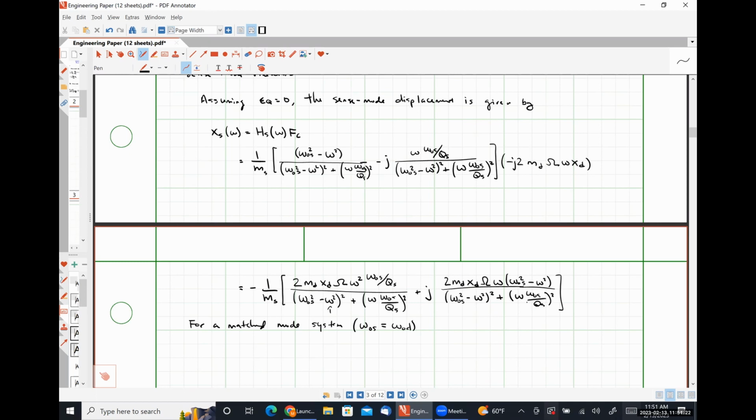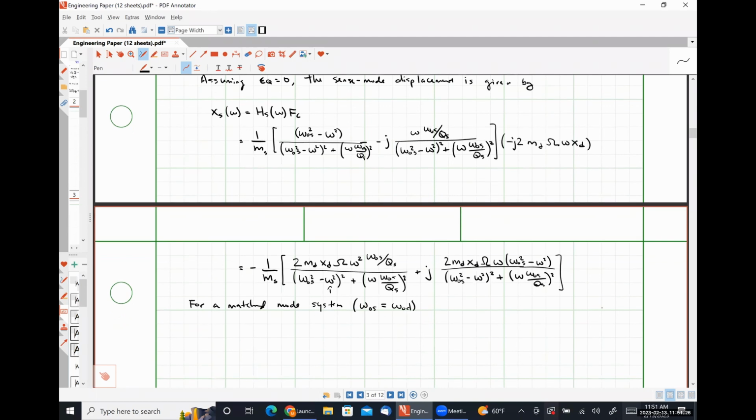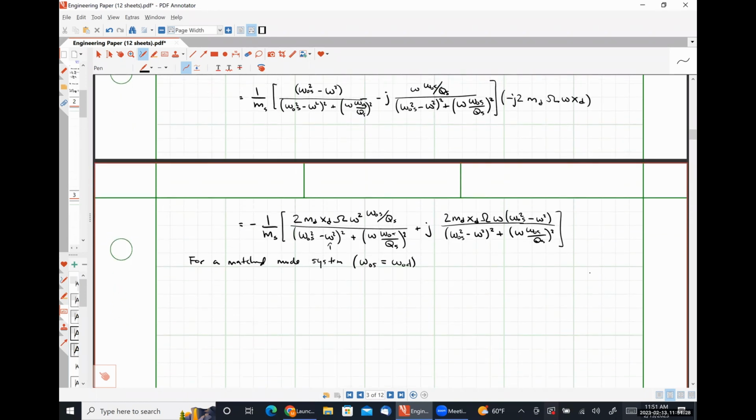All of that goes away, and we're left only with our sense mode displacement, which reduces to XS of omega.